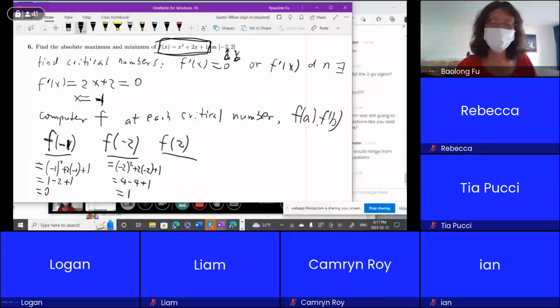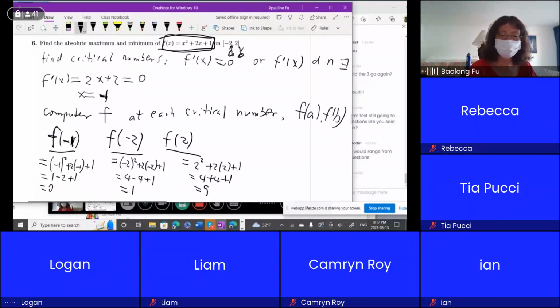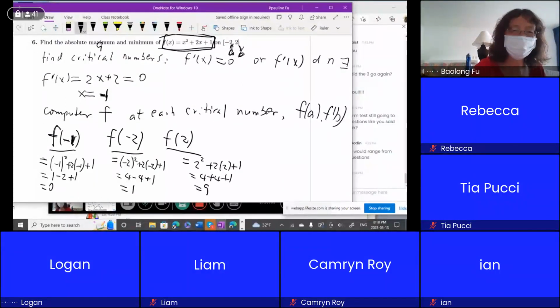And then f(2) is 2 squared plus 2 times 2 plus 1 equals 4 plus 4 plus 1 equals 9. Out of these three numbers, which one is the maximum? 9 is the maximum. Which one is the minimum? 0 is the minimum. Where does the maximum happen? The maximum happens when x equals 2. Where does the minimum happen? The minimum happens when x equals -1.